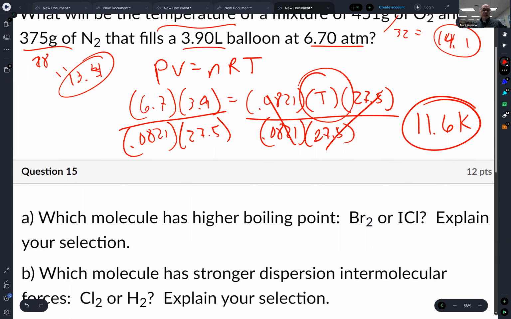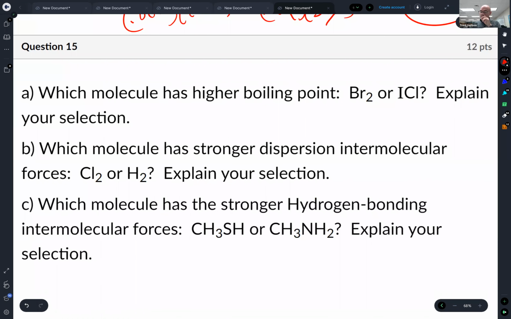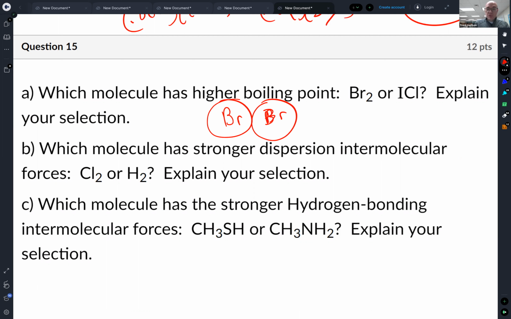All right, which has a higher boiling point, Br2 or ICl? All right, well, if I have two elements that are exactly the same, A, they're not polar, so there's no dipole-dipole. B, there's no dispersion forces, pretty much because they're the same size. There may be some, but that's not a whole lot. And then there is no hydrogen bonding.